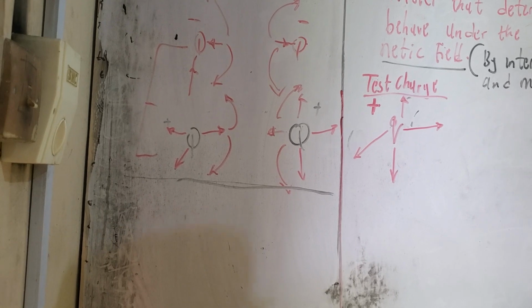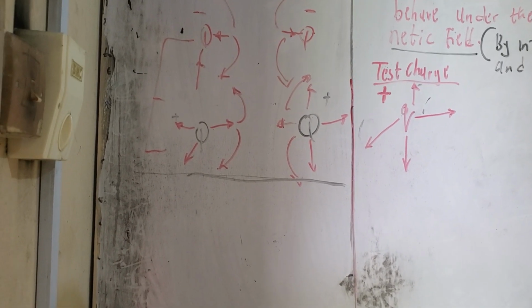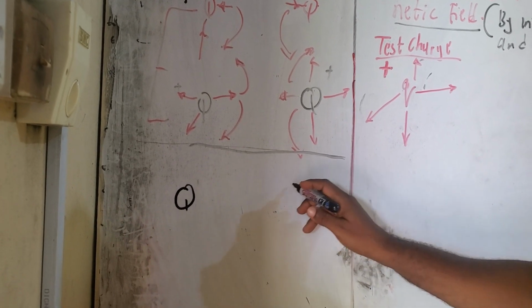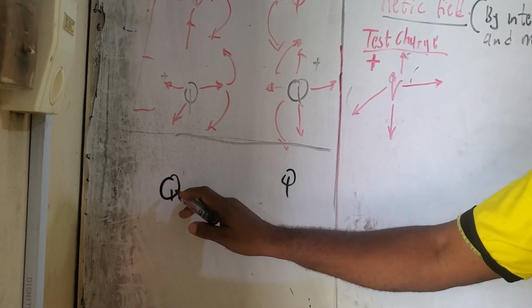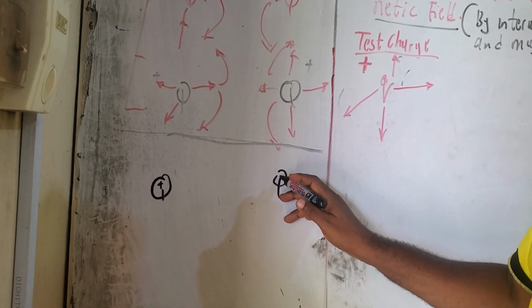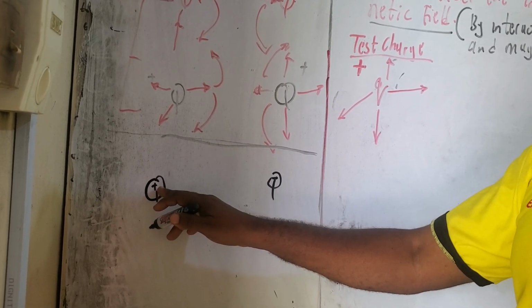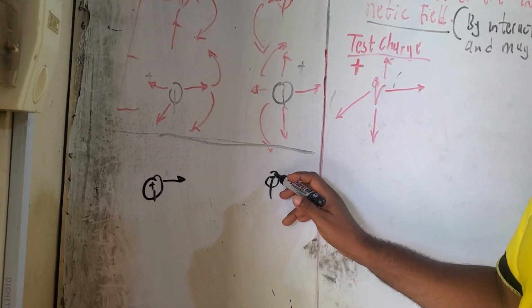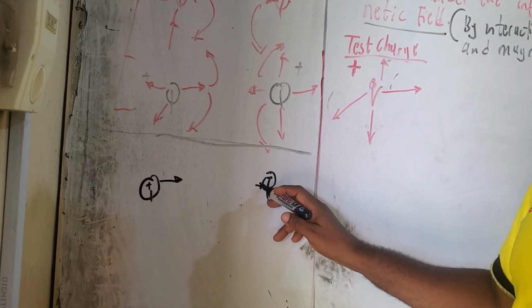Now for the unlike charges, let's put the case of unlike charges. If you put charge Q here and another charge Q here, if this particular charge Q is positive and this one is negative, we know that the line of force of this one will be outward and the line of force for this one will be inward.